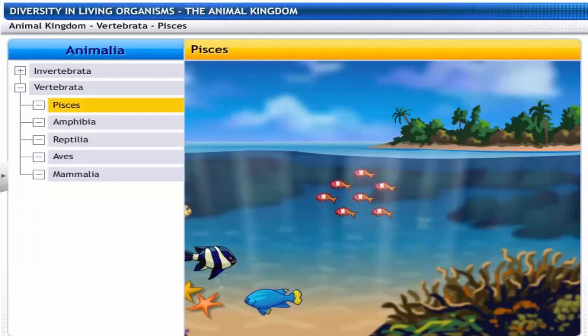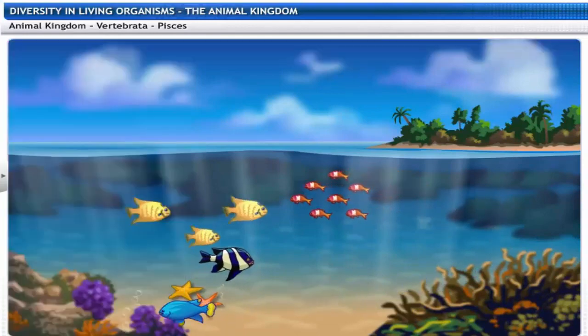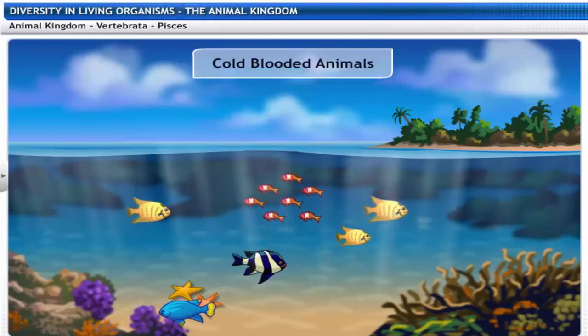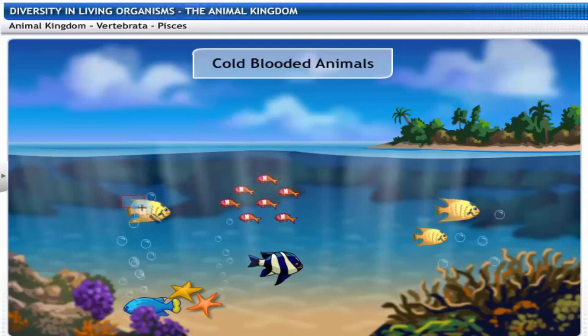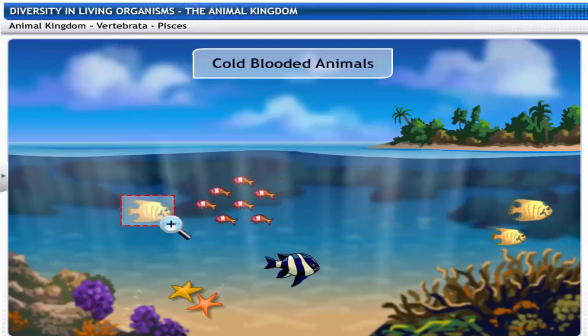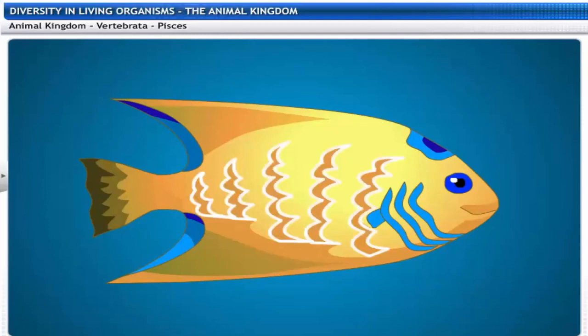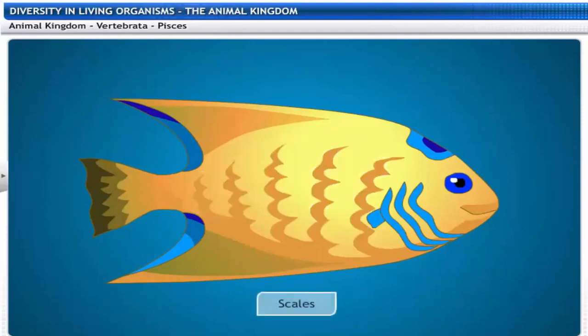Pisces includes all types of fishes. Fishes are cold-blooded animals and aquatic in habitat. Fishes have a spindle-shaped body that is covered with scales.